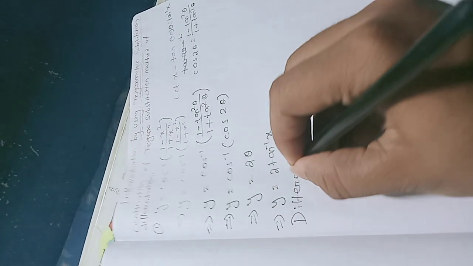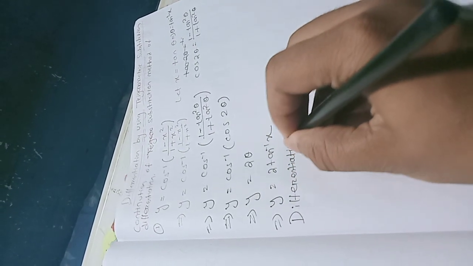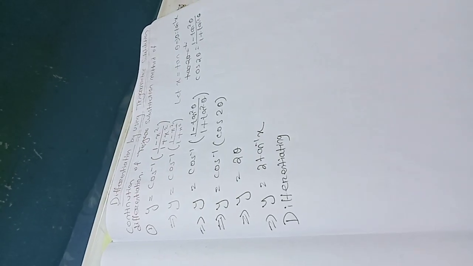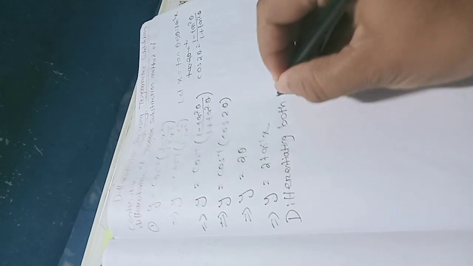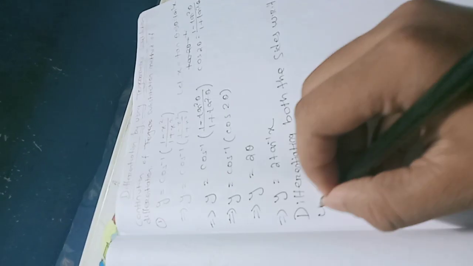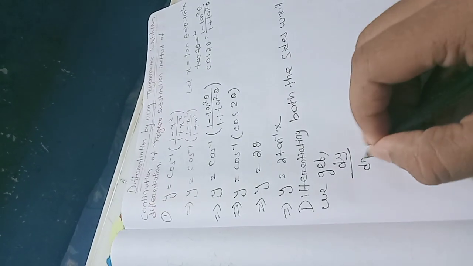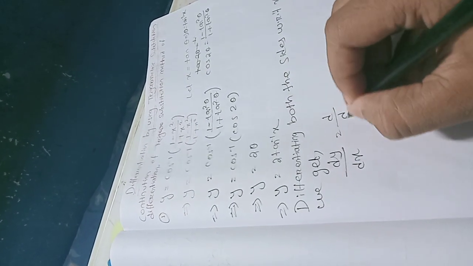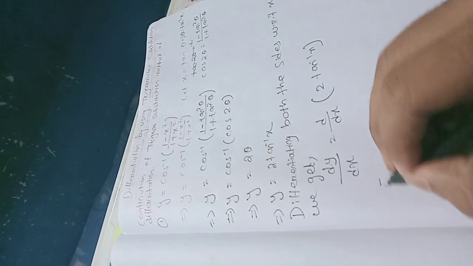Differentiating both the sides with respect to x, we get dy upon dx is equal to d by dx of 2 tan inverse x.